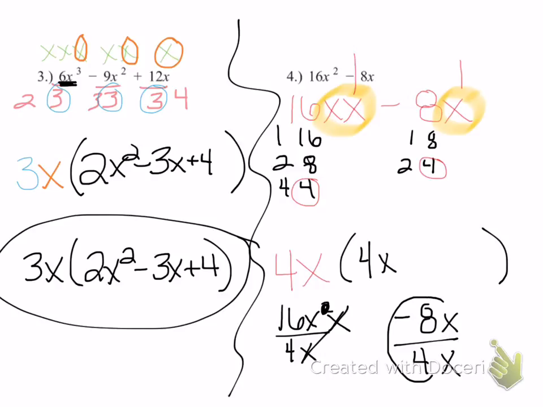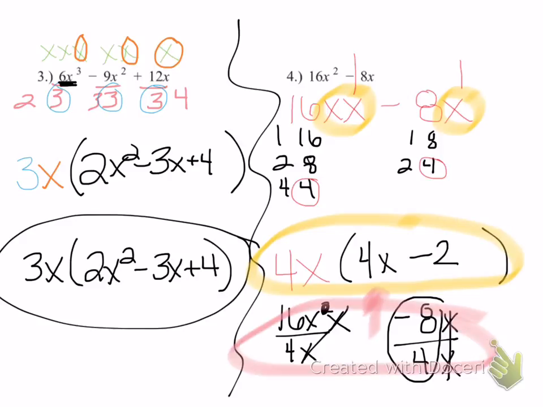Well, negative 8 divided by 4 gives me a negative 2, and these x's cancel out. So here's my answer. The work I showed down here is only how to find what's left over in parentheses. So if that's what's confusing you, this is the work that I'm showing. But let's go ahead and practice that again.